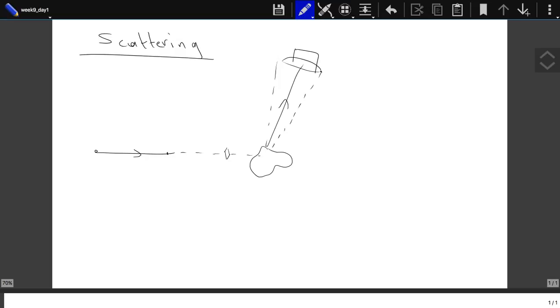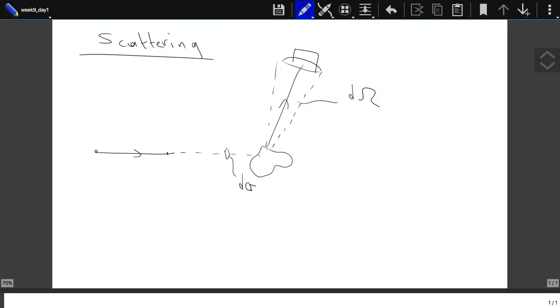We describe the direction of this cone using what's called the solid angle. The area is what we call the differential cross-section.